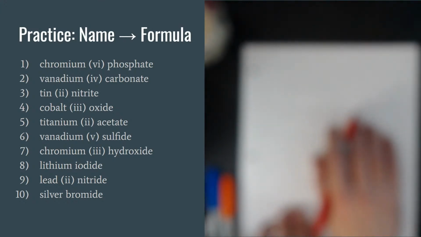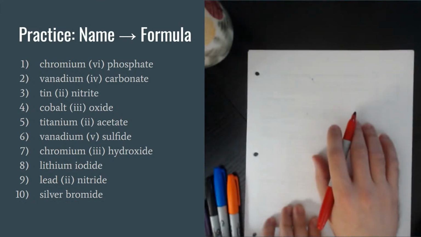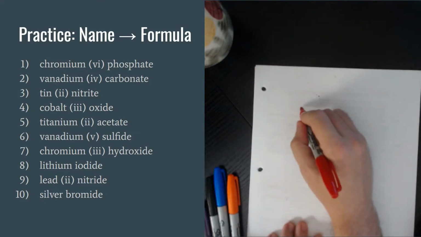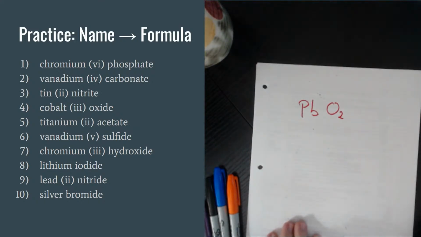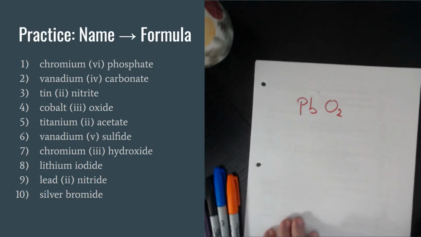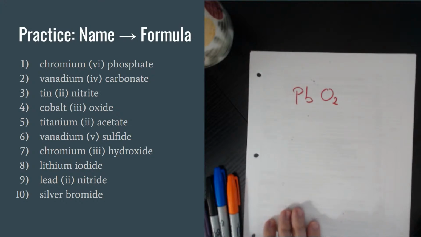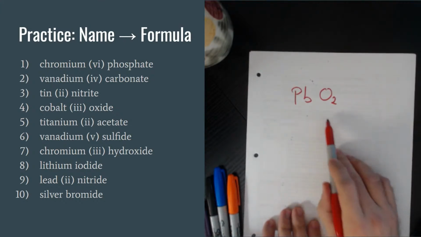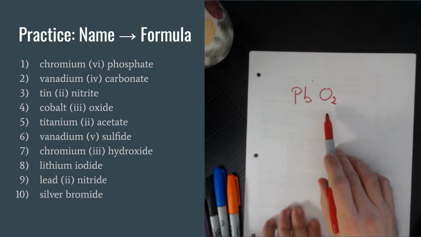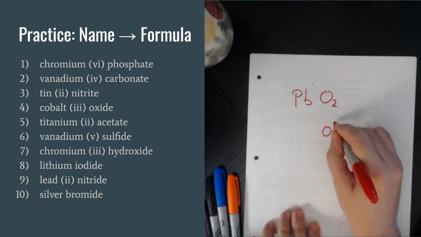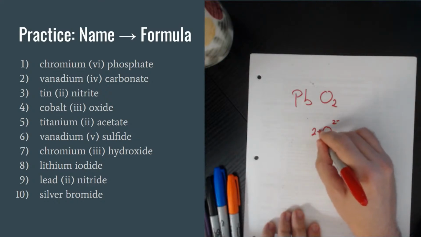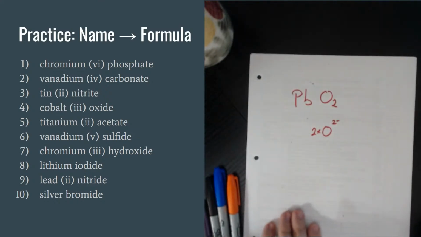And you absolutely have to be careful of your peroxides. Because look at this guy. This could be either of two different compounds, okay, depending on whether this is oxide or peroxide. If it's oxide, then you have two oxide ions.